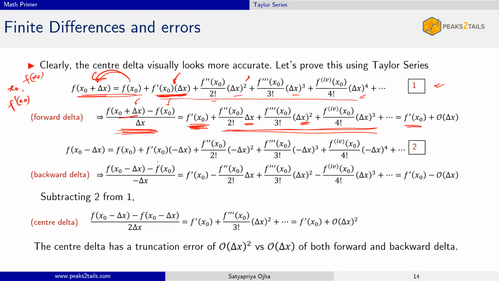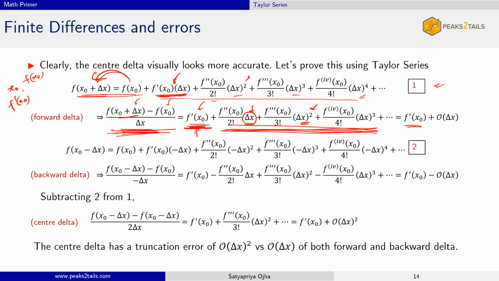Now, if delta x is small, this is the biggest term, and these ones will keep getting smaller. So if you consider this part, which we are ignoring, forward delta is approximately equal to the true derivative of the function at x0 plus some other error terms.